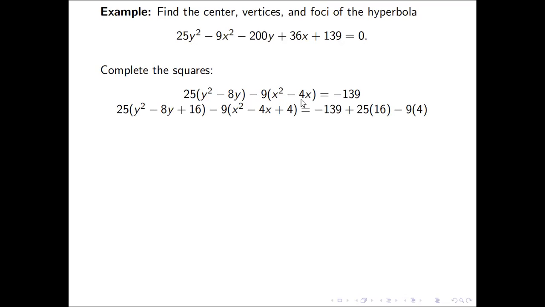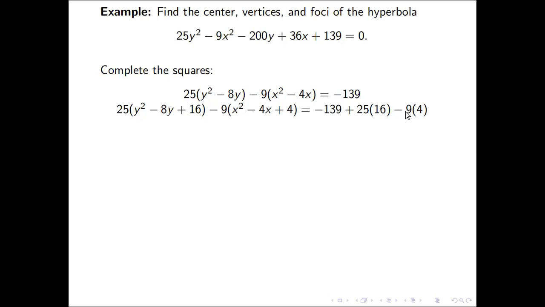And then add 4 to this expression: divide this by 2, you square it, you get 4. And don't forget, whatever you add or subtract on one side, you should also add and subtract to the other side. So we have actually added 25 times 16 here, and we have subtracted -9 times 4. So we also add those and subtract those from the right-hand side.